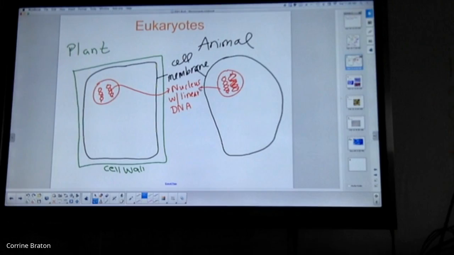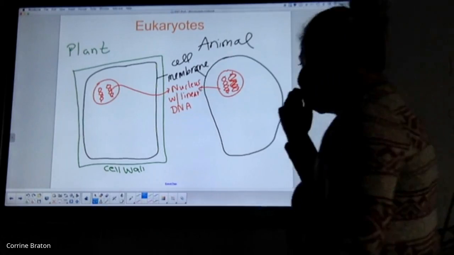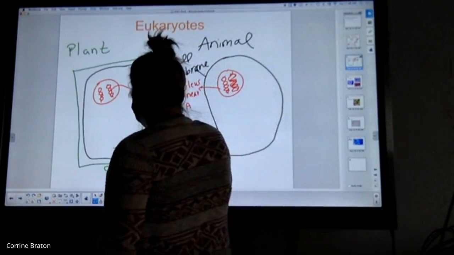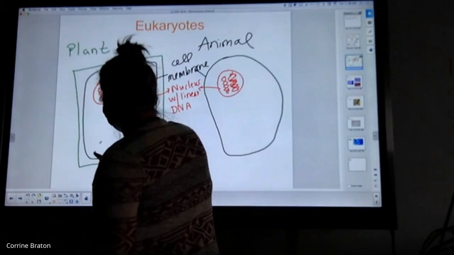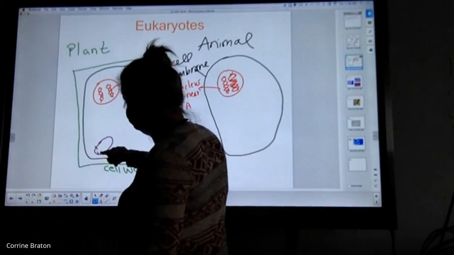What other organelles do you remember? Mitochondria. So mitochondria, kind of like a bean-looking thing.